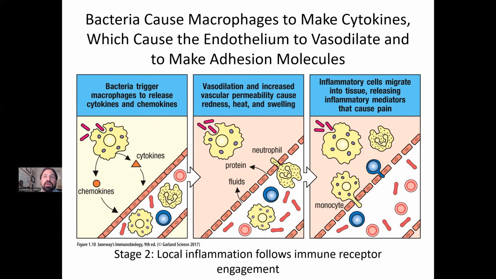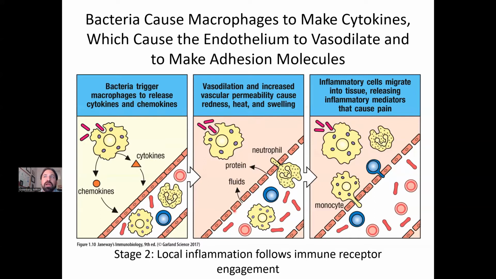These cellular adhesion molecules are going to be sticky. So you're vasodilating, you're also permeabilizing by getting rid of the tight junctions, and you're making this vasculature sticky. As such, that vasodilation and increased vascular permeability are going to cause that redness, heat, and swelling. What do I mean by that?